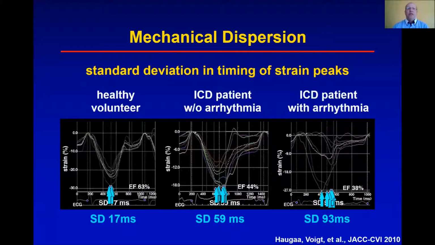And you see here an example of 3 patients. A healthy volunteer on the left side: very narrow, all the peaks are around end systole, so a very small standard deviation of 70 milliseconds. An ICD patient without arrhythmias, with a follow-up of 30 months, has a standard deviation in the range of 59 milliseconds. And on the right side, an ICD patient who had recorded arrhythmias and interventions from the ICD has a wide standard deviation of 93 milliseconds.